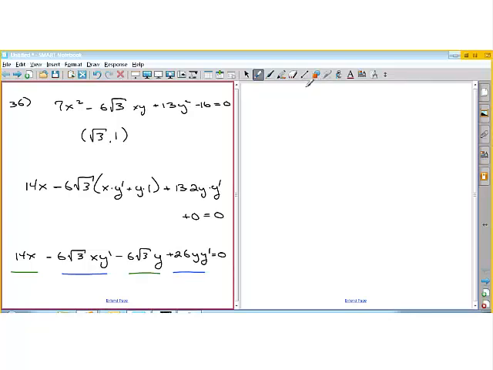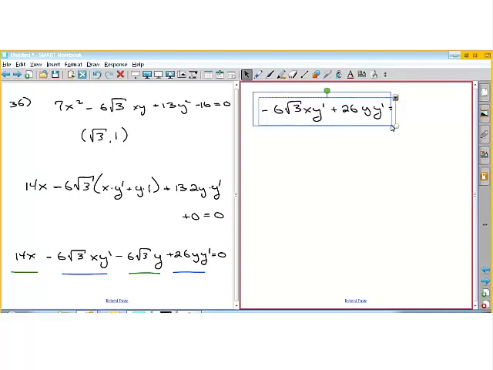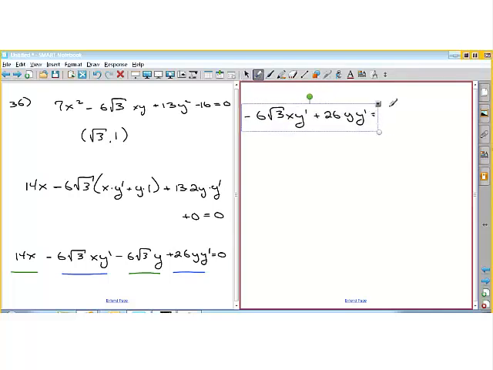These don't involve y prime, so those go to the other side. So you get negative 6 square root of 3 x y prime plus 26 y prime is equal to, okay, when this goes to the other side, it becomes negative 14x, and this one becomes positive 6 times the square root of 3 times y.